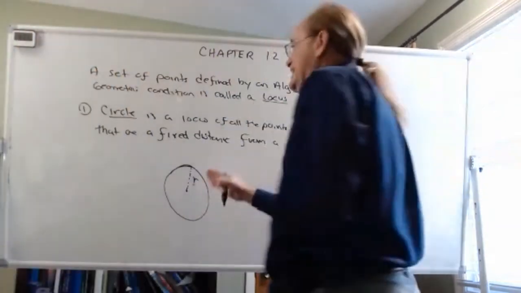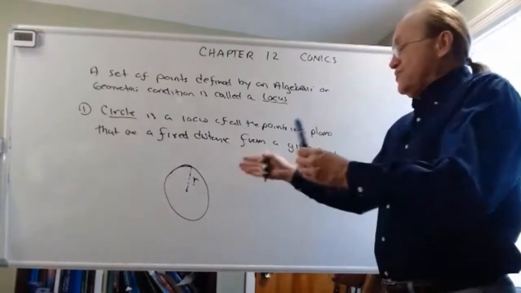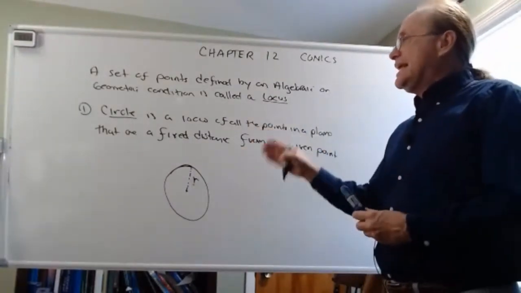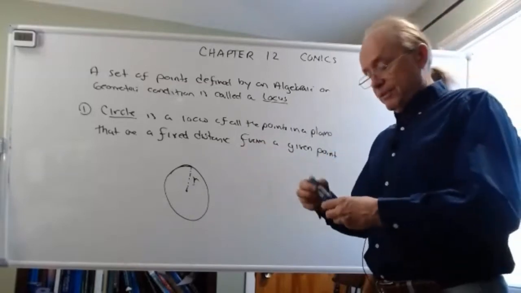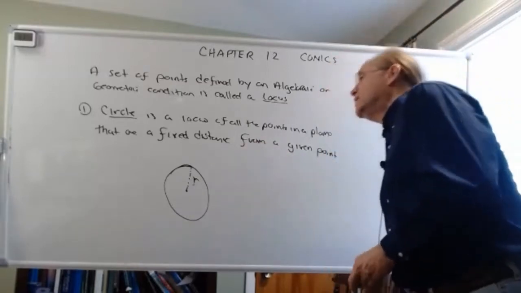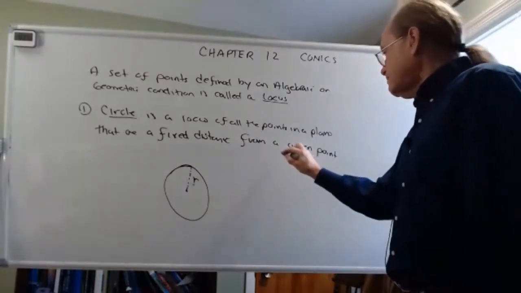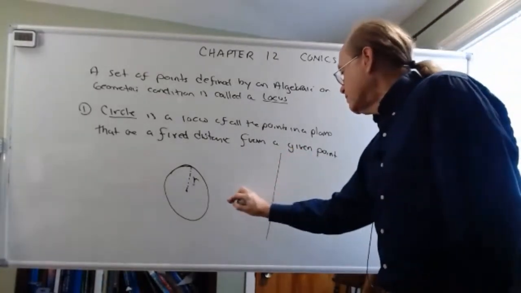Okay, from that definition, can we get a geometric definition? It's a word definition talking about geometry. Can we get an algebraic representation of a circle? The way we're going to do that is we're going to throw it into an XY coordinate system.